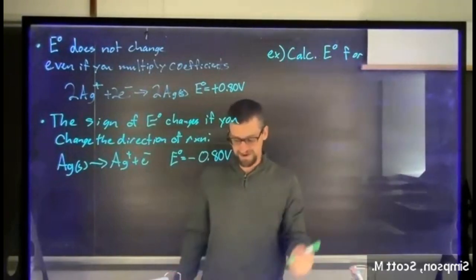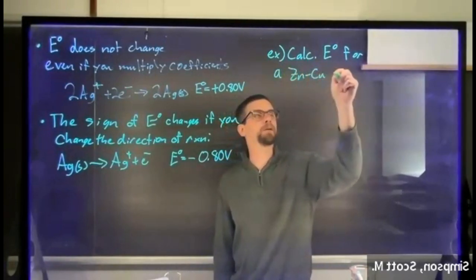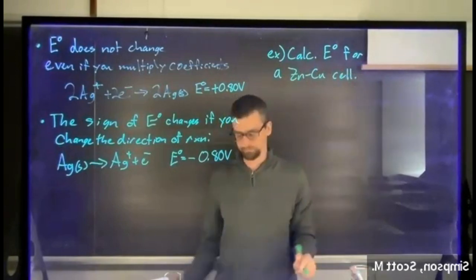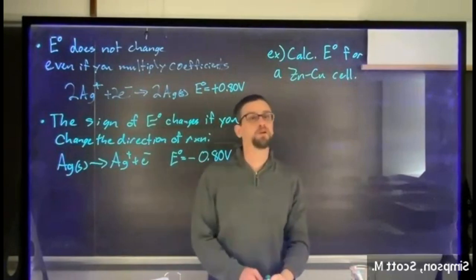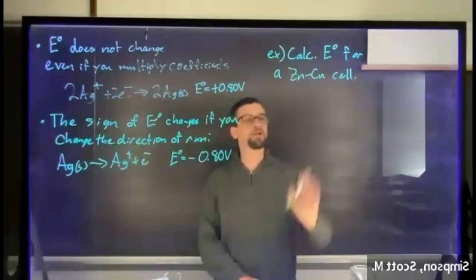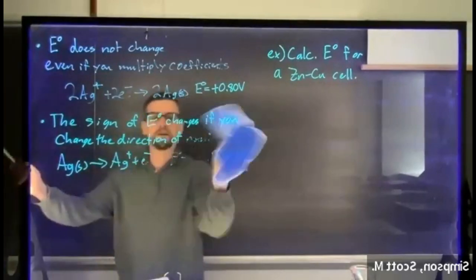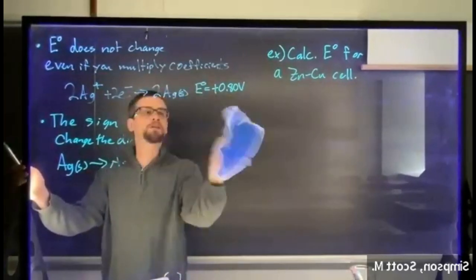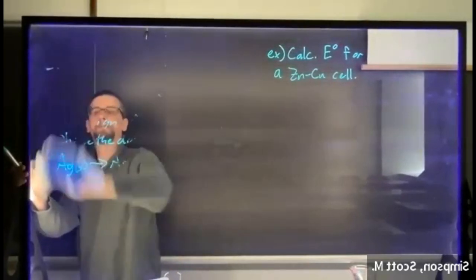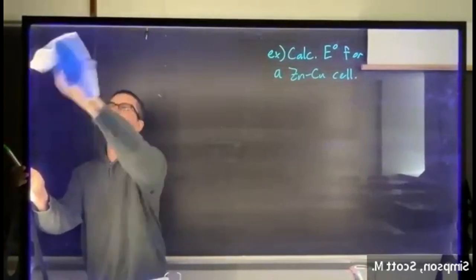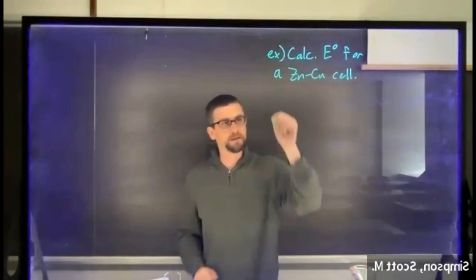Let's look at a zinc copper cell. In a zinc copper cell, what we first have to do is look up the standard reduction potentials of these guys to figure out what's going to be oxidized and what's going to be reduced. So we need to look up those values from our appendices.